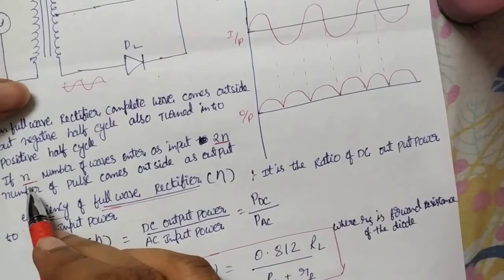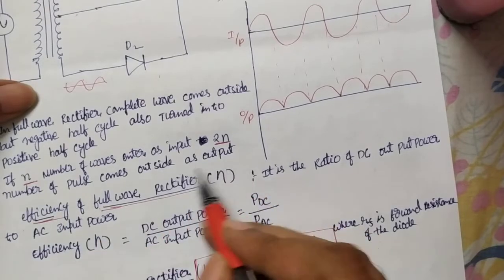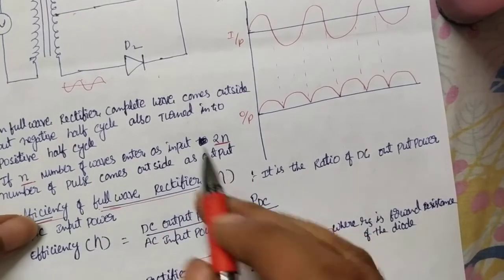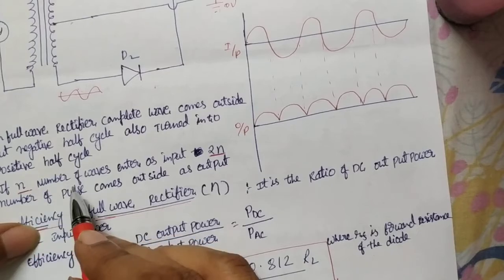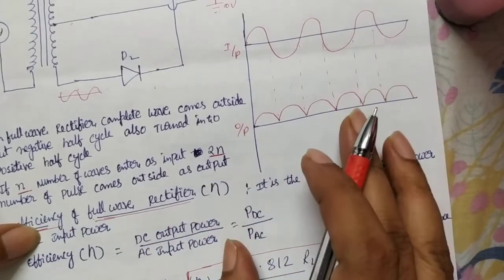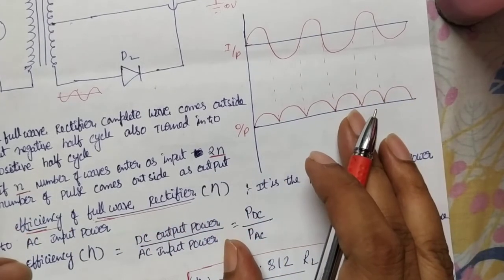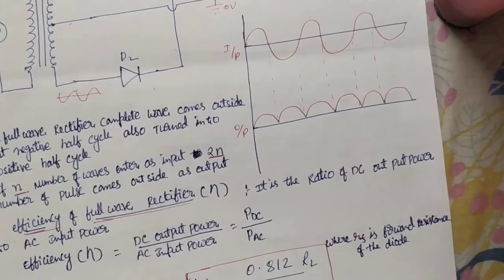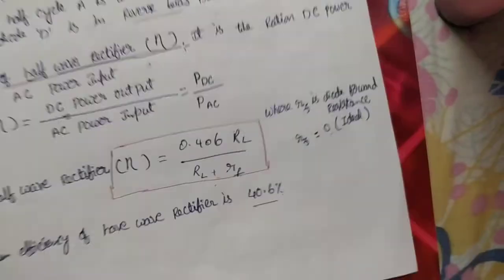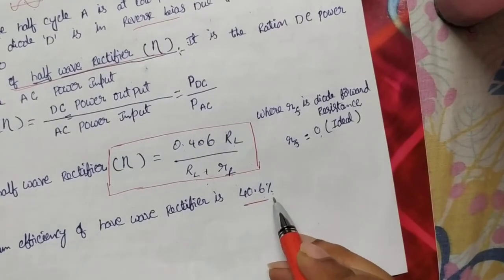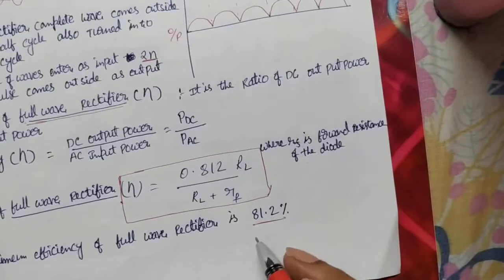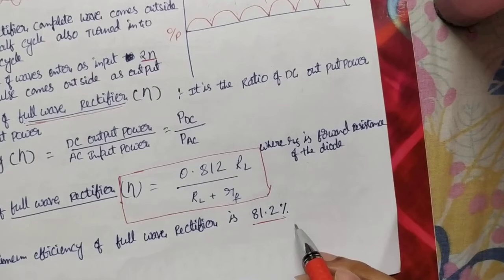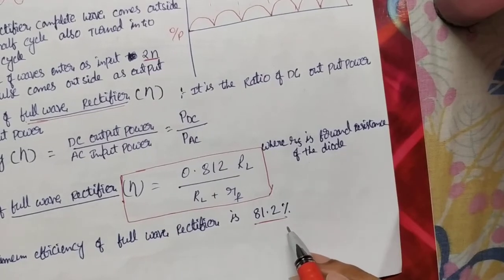If you send n waves, we get 2n pulses. But in the half wave rectifier, the same number of pulses as waves sent comes outside on the output. As for efficiency, there it is only 40.6%, and here it is 81.2%, so the efficiency is higher compared to that.